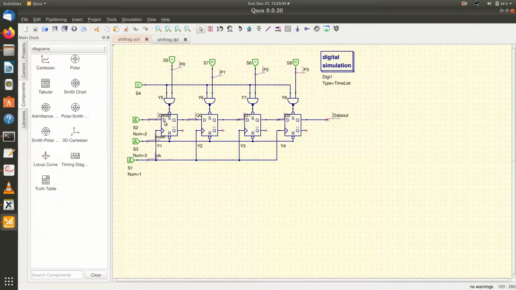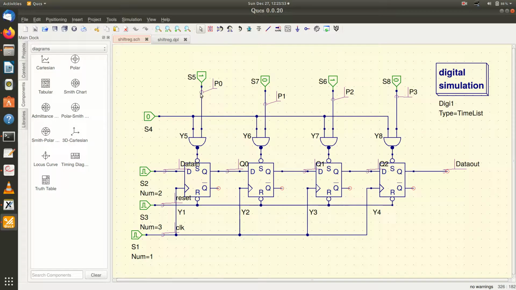You can see that this is my circuit. Here, these are my 4 D flip-flops connected to a common clock, a synchronous circuit. There is an initial reset, which resets all flip-flops to 0000, and I have given suitable signals.